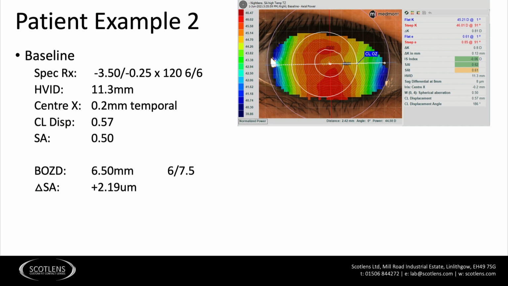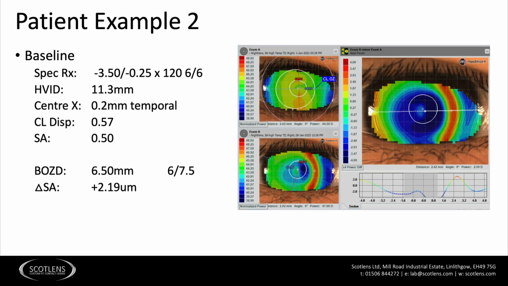They achieved a 6.75 acuity. There was a little bit of residual cyl, half a diopter cyl. The patient's not necessarily getting that crisp clear vision. And you can see that we're getting a high amount of spherical aberration increase, 1.19 units. And this is down to some irregularity within the treatment zone and a slightly temporal location of the lens.